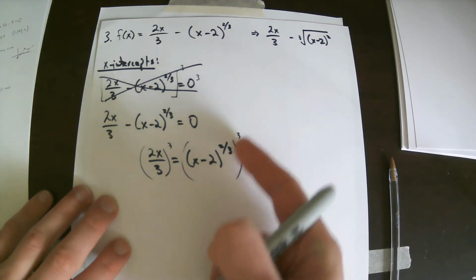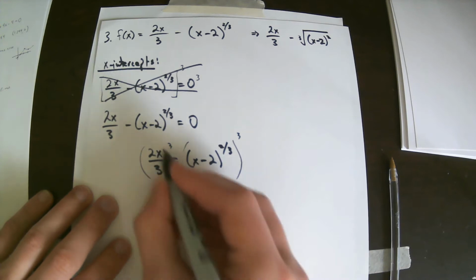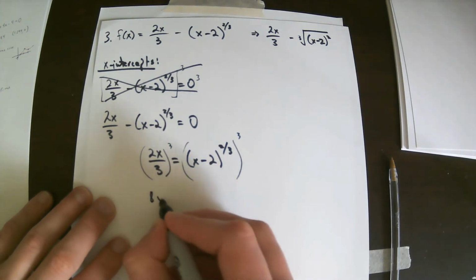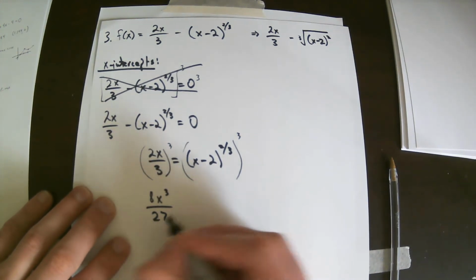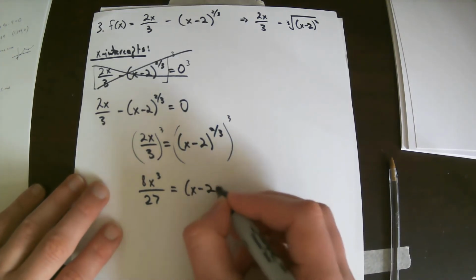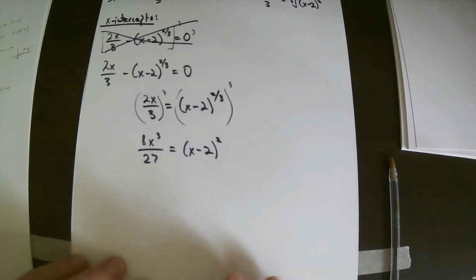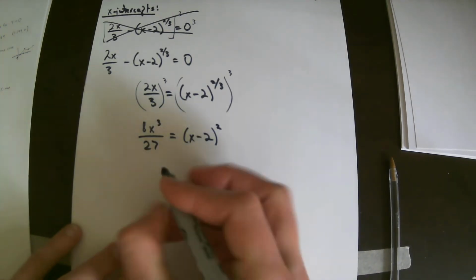That's going to have the effect of getting rid of this 3 in the denominator of that fraction. This needs to be cubed. That's going to be 8x cubed over 27, and then equals x minus 2 squared. So I'm going to end up with this crazy cubic function here.